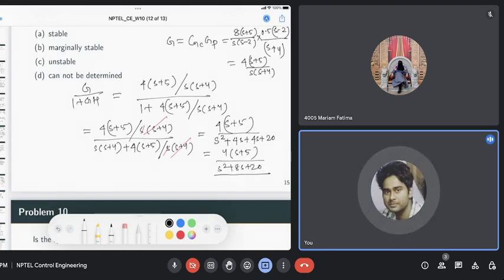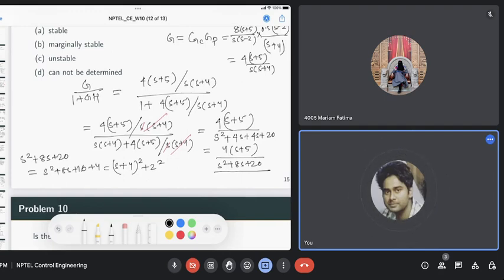We have to verify whether the poles are in the left half plane, then the system will be stable. So s square plus 8s plus 20, I can write as s square plus 8s plus 16 plus 4, that means s plus 4 whole square plus 2 square. Equating that to 0, we find the poles at minus 4 plus minus 2j.